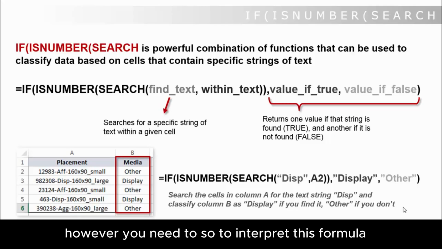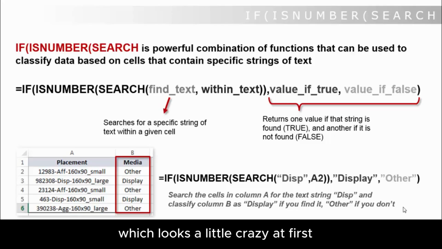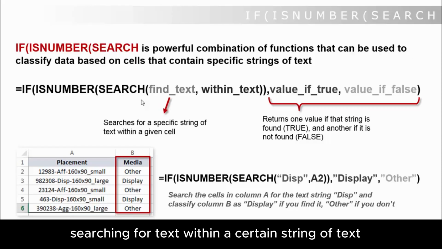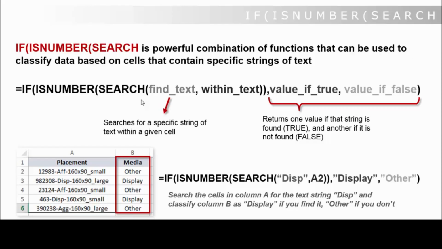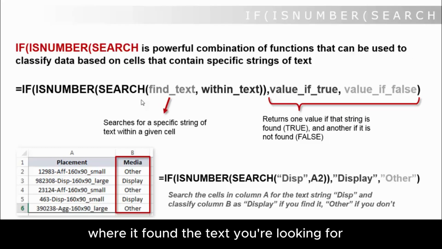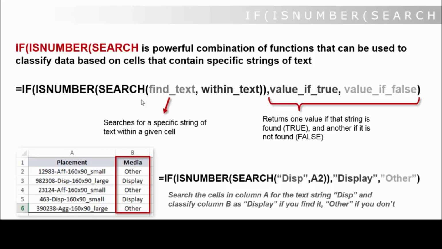To interpret this formula, which looks a little crazy at first, it's always easiest to start from the inside and work your way out. So let's start with the SEARCH function, which we just walked through. Basically, you're just searching for text within a certain string of text, and that will return either a value, which is the position where it found the text you're looking for, or an error if it doesn't find the text.